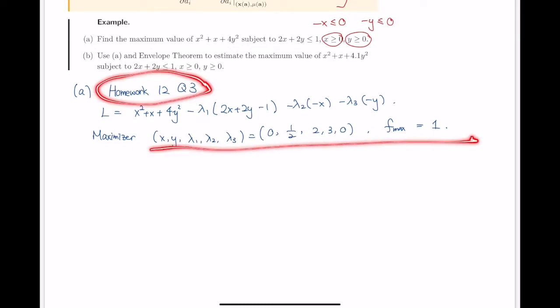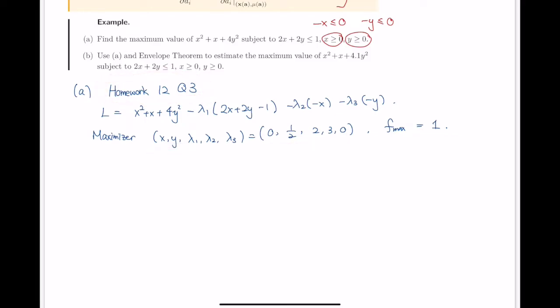But the part that I want to do with you is the second part. That is using the envelope theorem to estimate the maximum value when the objective function is changed. Instead of 4 here, it becomes 4.1, but the constraint is unchanged. So there's only one parameter that changed, which is the coefficient of y squared.